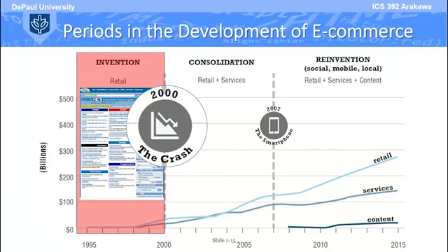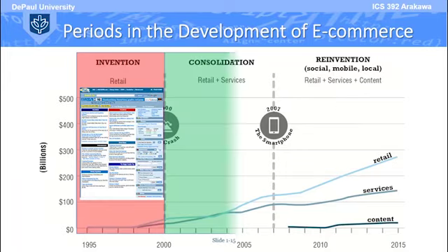And this just occurred because the business model and the performance of the new startups were just not sustainable. There were companies, and the amount of e-commerce business was just not significant enough to keep those businesses afloat.